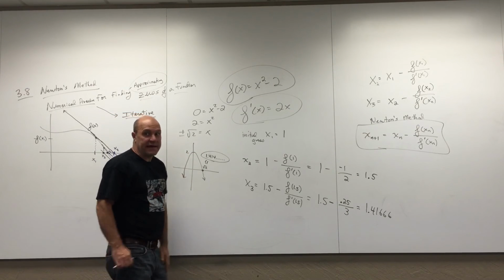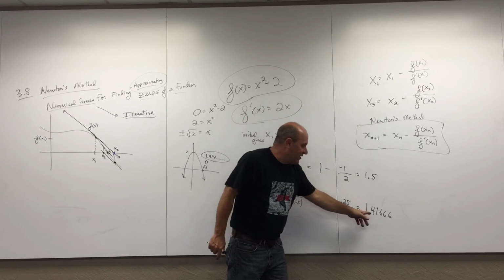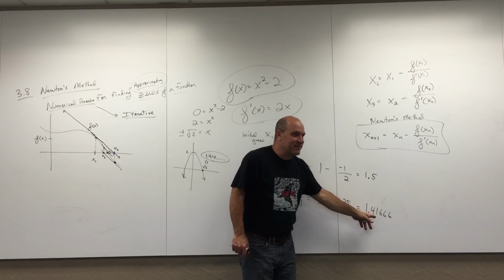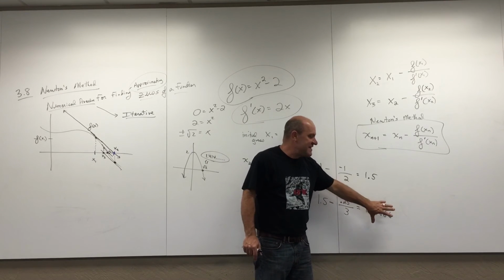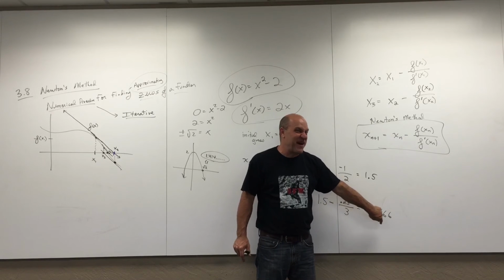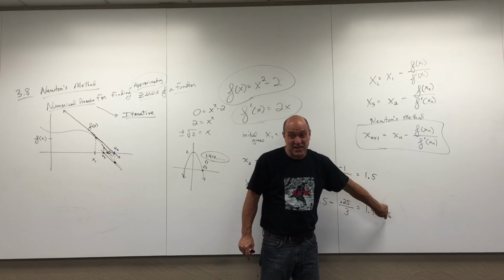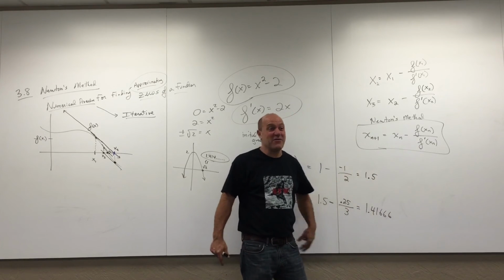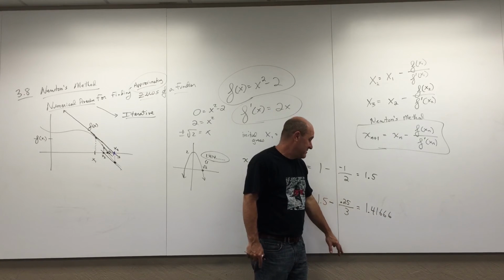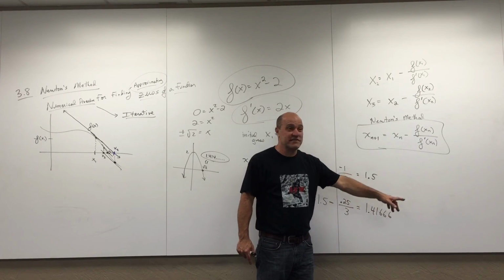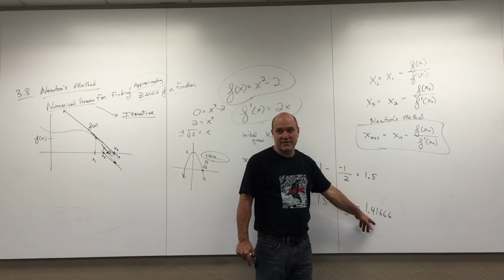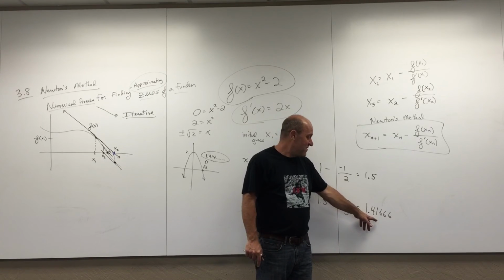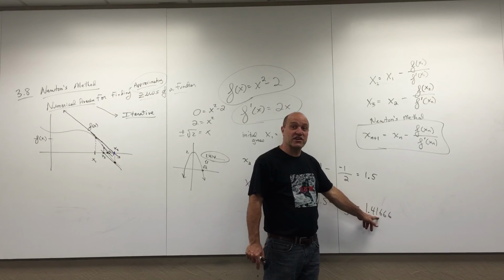Maybe we should do it again. Now, here's the problem. You start feeding these numbers back in, and you don't really want to round these, because rounding will affect your answer. So I would try to feed this number back in without rounding it, which means I'd have to write 1,000 sixes, or more. Maybe there's a fraction equivalent to this.